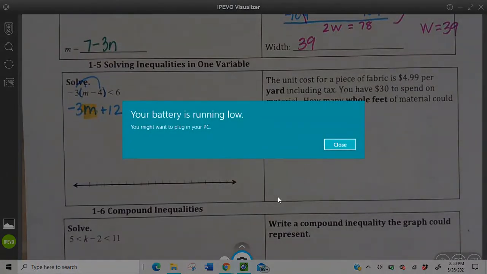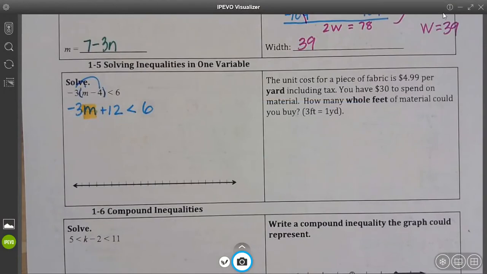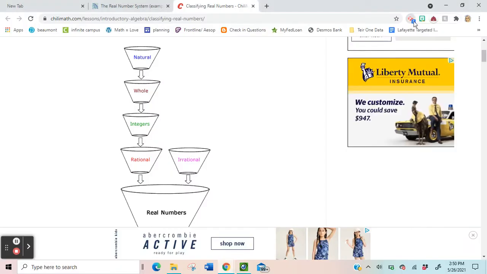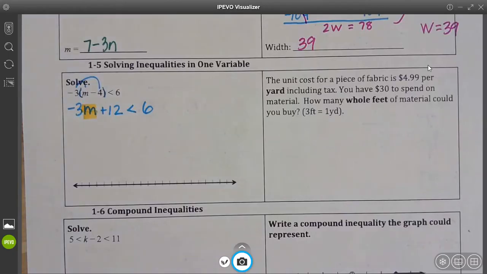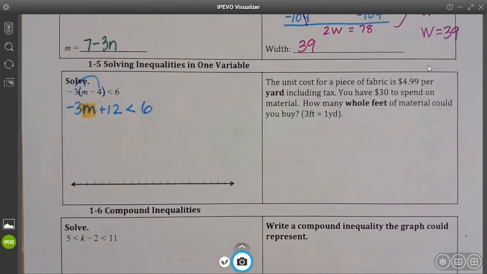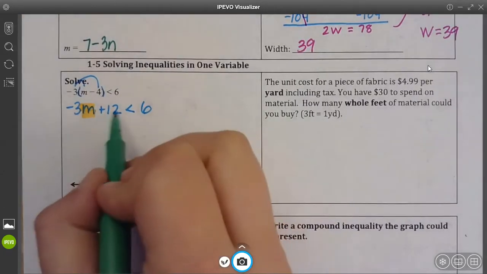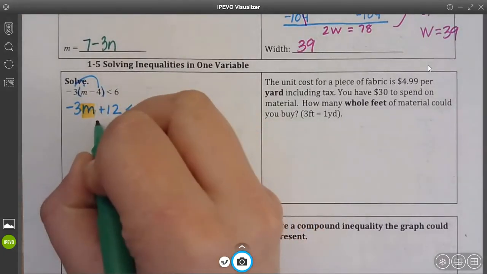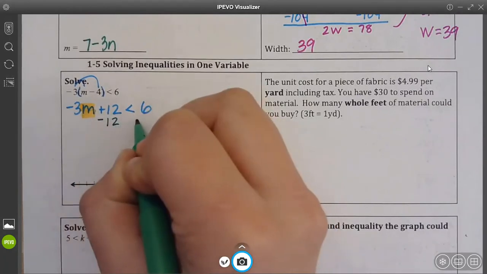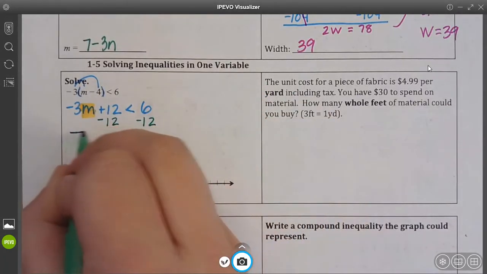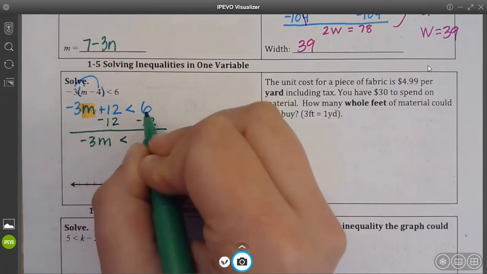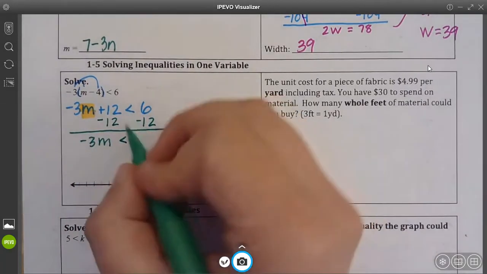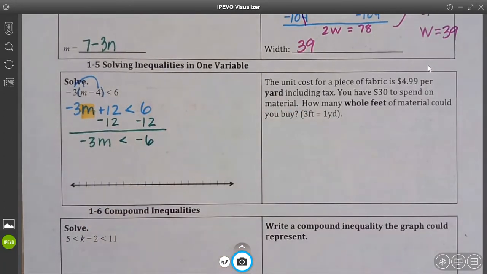So right now we have this plus 12 right over here. To move it to the other side of my inequality, I'm going to subtract 12. Negative 3m is going to be less than 6 minus 12, which is negative 6.